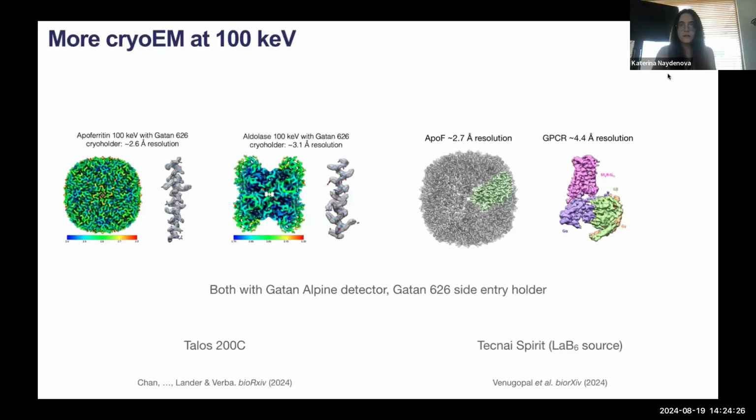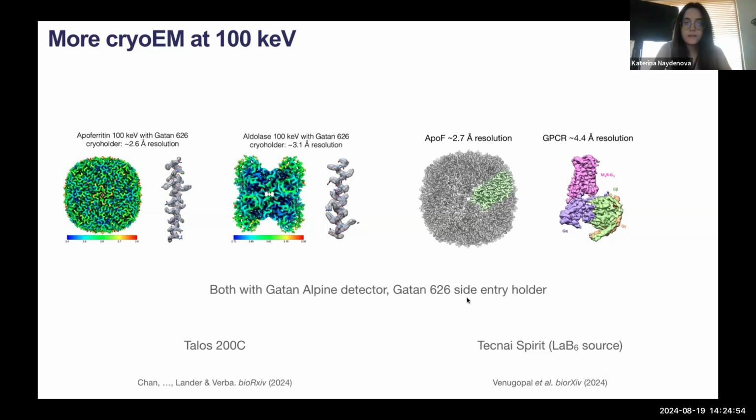We are not the only ones working on popularizing low voltage cryo-EM. There are a few other groups. For example, the groups of Gabe Lander and Klim Verba in California have recently published a case study where they used a 100 keV microscope with a field emission gun, and they also obtained some really nice structures at 3 angstrom resolution and better.